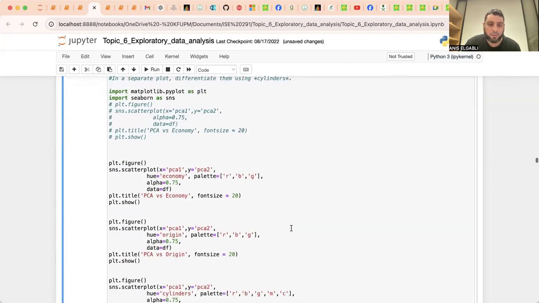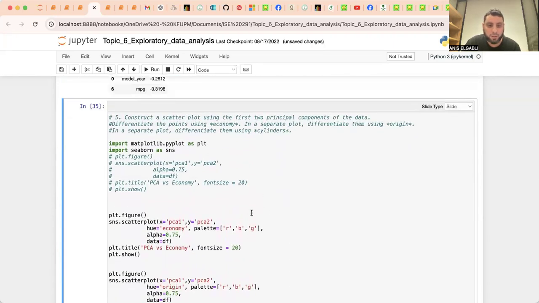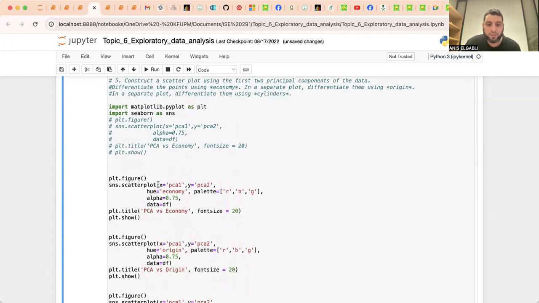Now what we are trying to do here is visualizing things using only PCA1 and PCA2. The conclusions that you can make from this visualization depend on how much you lose from the original data when you project into 2D.